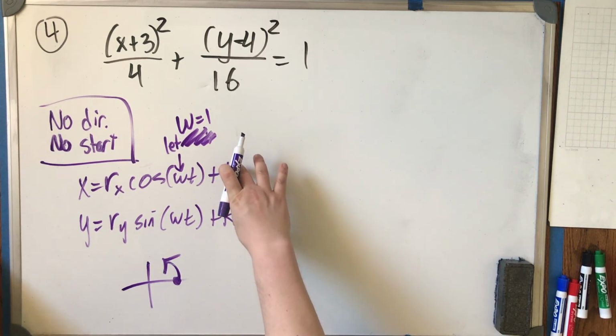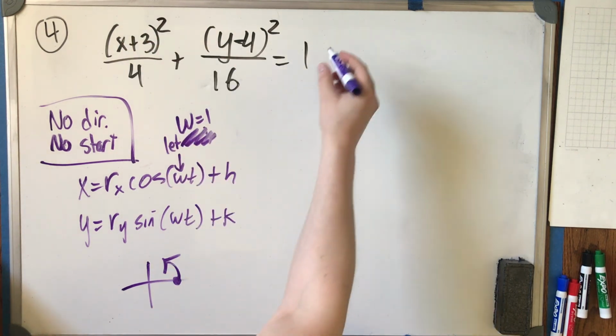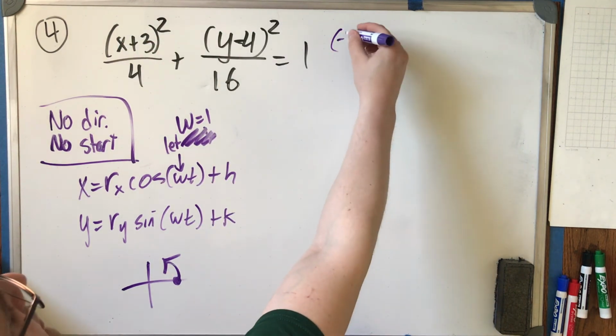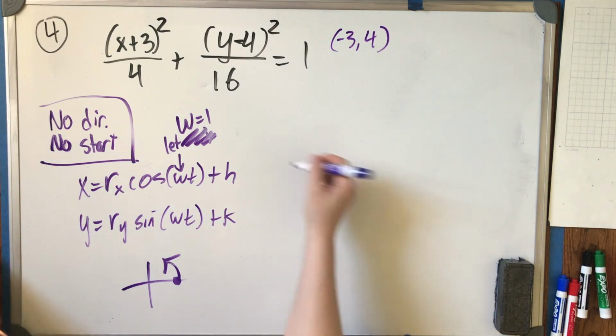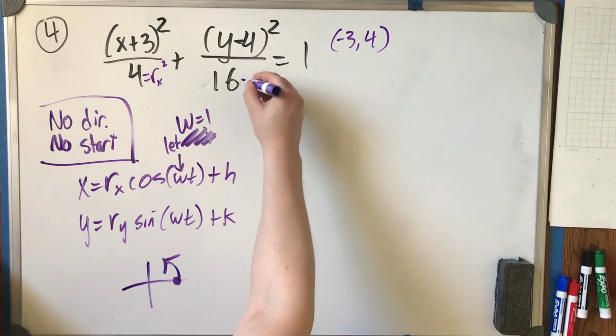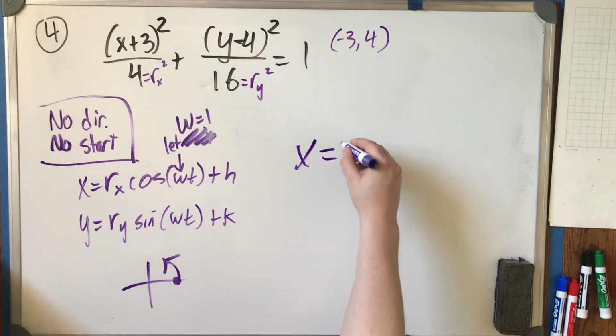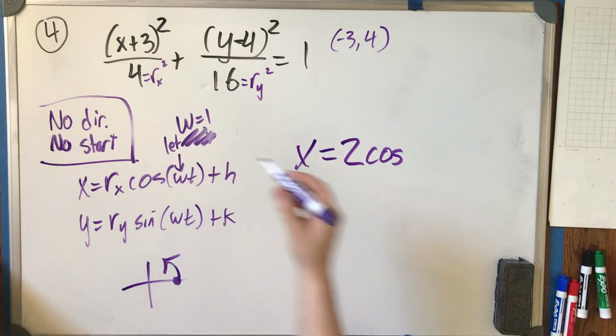And let's see if we can pull some other stuff out. The h and the k. So we have that up here. We know that the center of this ellipse is going to be at (-3, 4). This is going to equal the radius in the x direction squared. This is going to be the radius in the y direction squared. So we can basically plug in everything we need to know. So radius in the x direction is 2. I'll do cosine. I'm letting w equal 1.